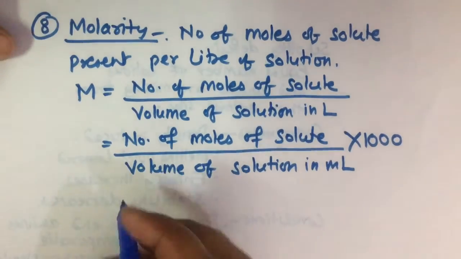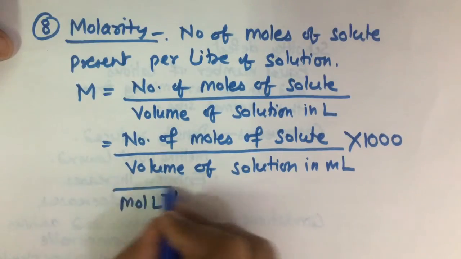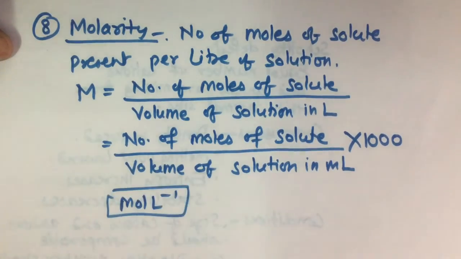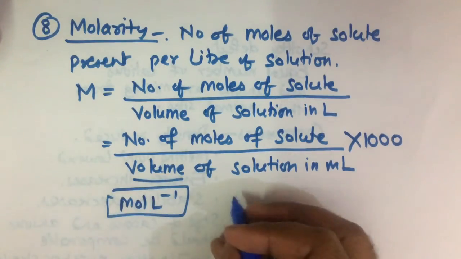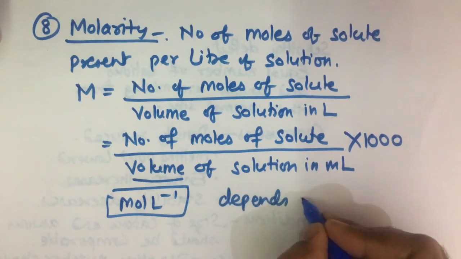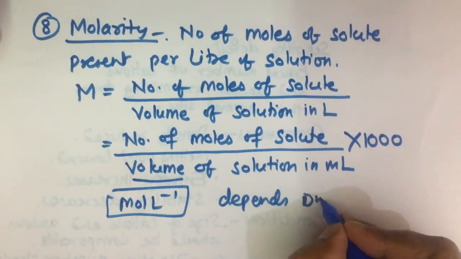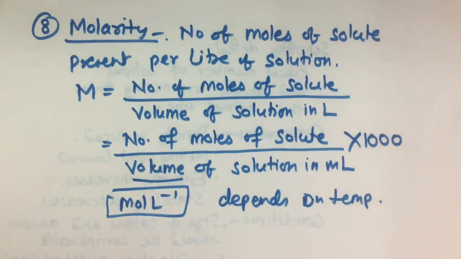The units of molarity is moles per liter. As the molarity contains volume term, it depends on temperature. Molarity changes with change in temperature. So these are the 8 methods of expressing concentration. In the next video, we will see the relation between these concentration terms. Thank you very much.